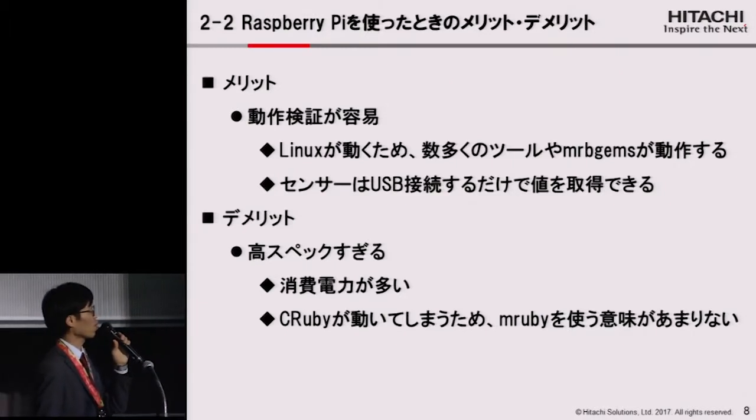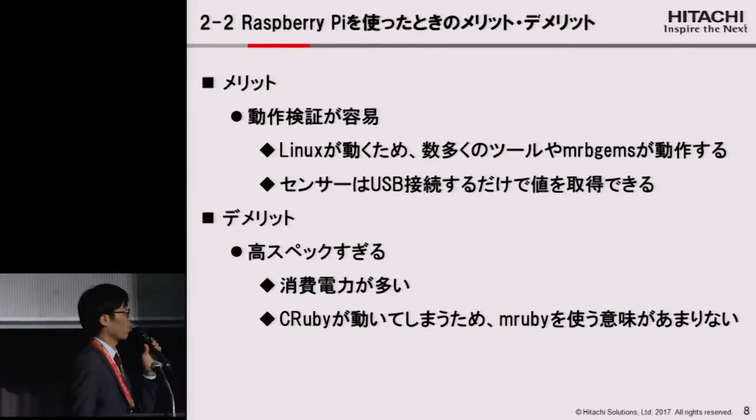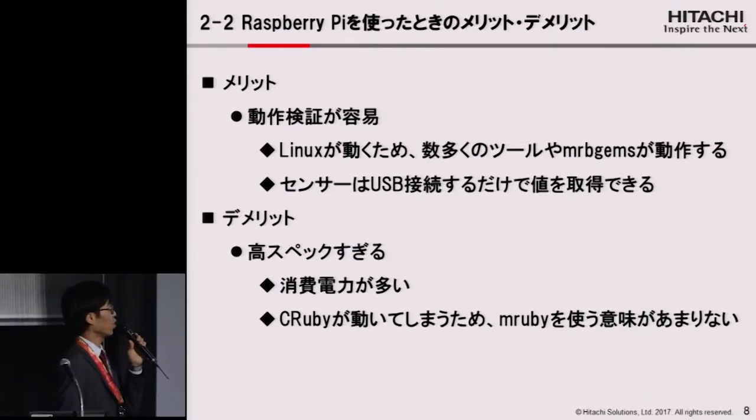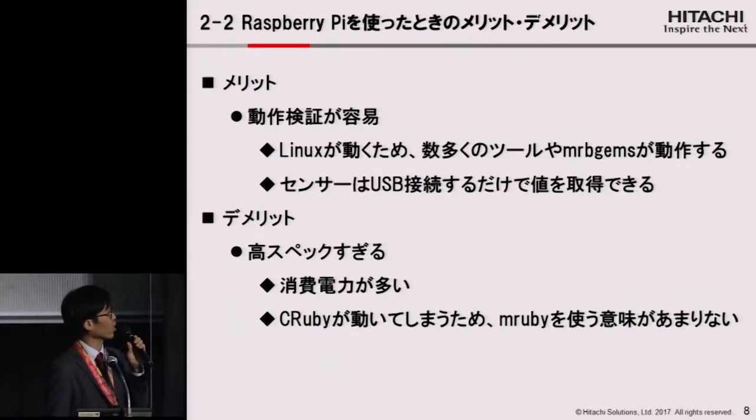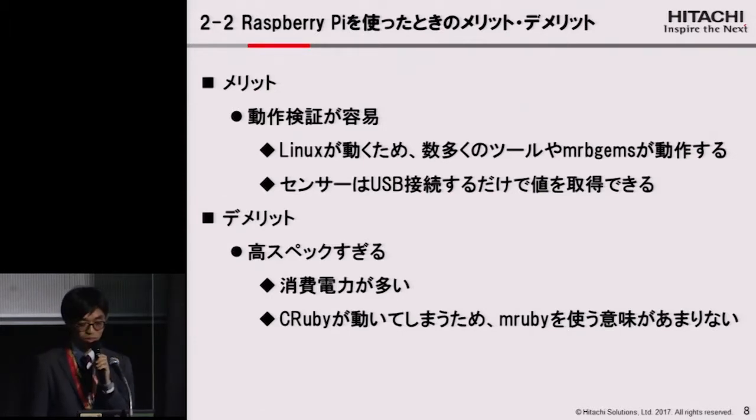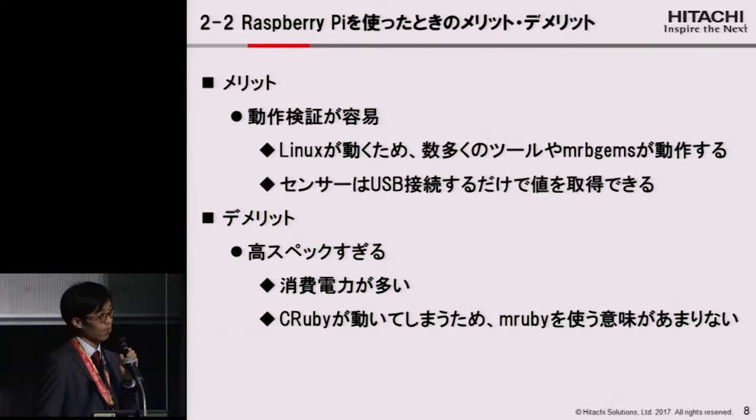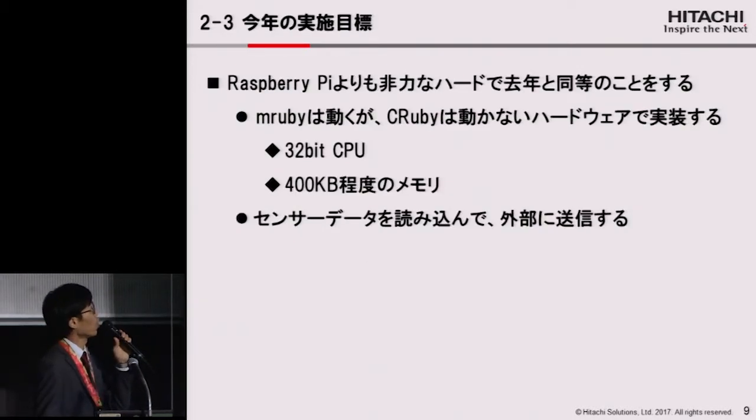But one of the disadvantages is that the specification is too high. Also, CRuby runs on it, so it doesn't make much sense to use mruby. And a lot of current is consumed, so it's not possible to operate it for 4 consecutive hours.